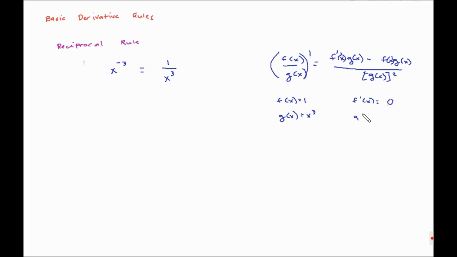Tapos si g prime of x naman, applying our idea of monomials in the form x raised to n, you have 3x raised to 2. Ano yung mangyayari dito? So, si f prime of x, 0 na siya, times g of x, which is x cubed. Since multiplication by 0 is 0, tanggal na rin siya.